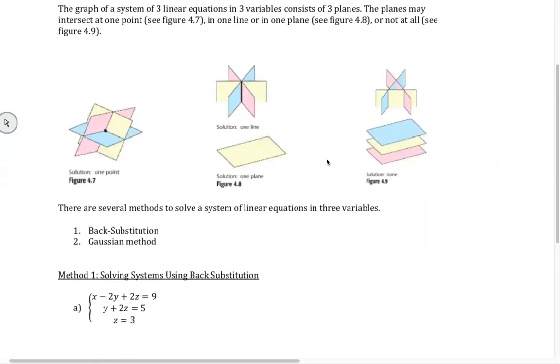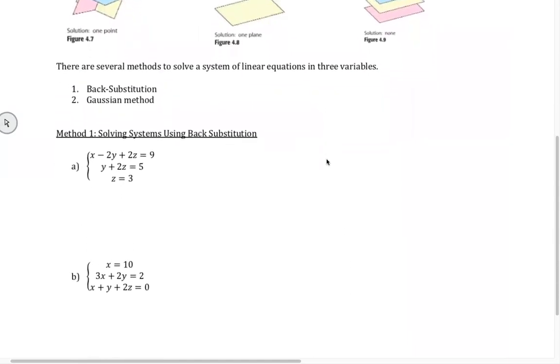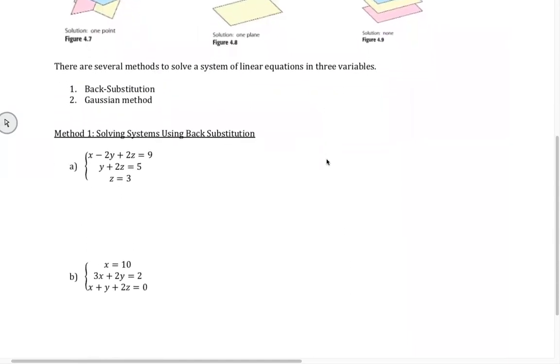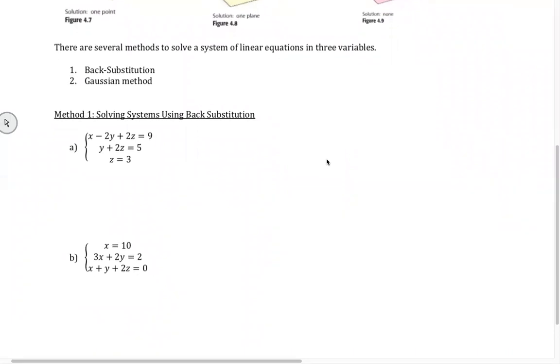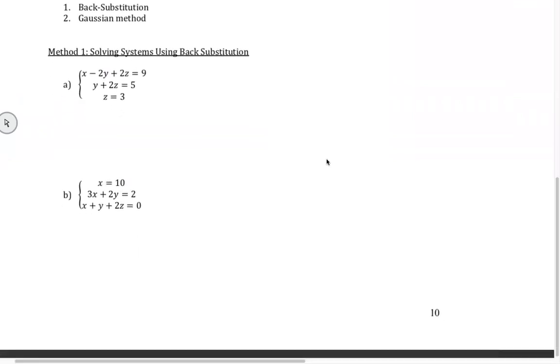All right, a couple different ways to do it. The first way is back substitution. These are very simple. These are like the kindergarten of 3-dimensional problems. Why do I say they're like the kindergarten ones? Because it's not really like 3 dimensions. It's like, hey, 2 dimensions, but I give you the 3rd dimension.